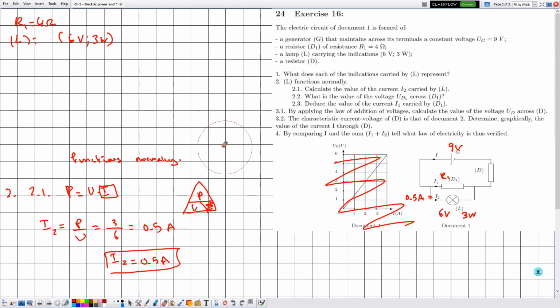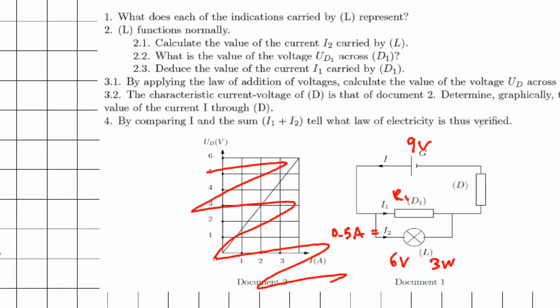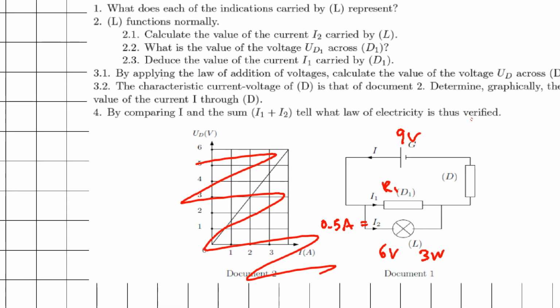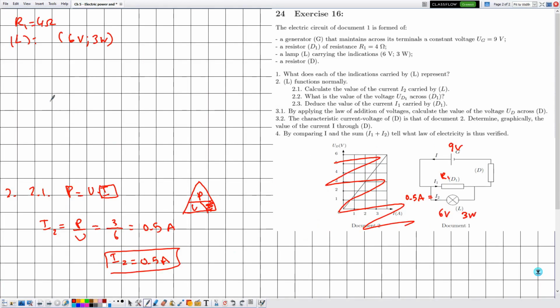Now in 2.2 they are telling me what is the value of the voltage UD1 across D1. So here it refers to an explanation and not to a calculation. We just need to mention that D1 and L are in parallel, so they have the same voltage, knowing that L is functioning normally, so it has 6 volts.